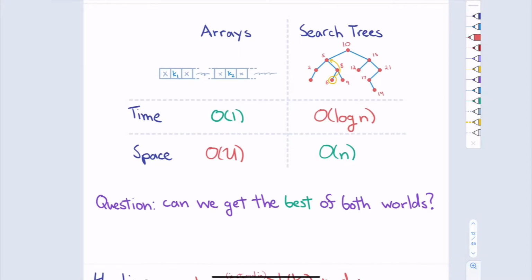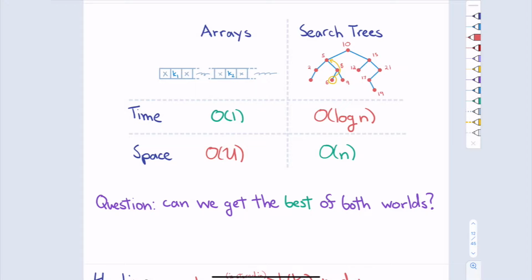All right. So then the question of today's lecture: we can put these side by side, right? For this basic problem, arrays have the benefit of still having constant time access, but the space is absurd. Search trees will give you log n time, which is slower, but your space usage is basically ideal.